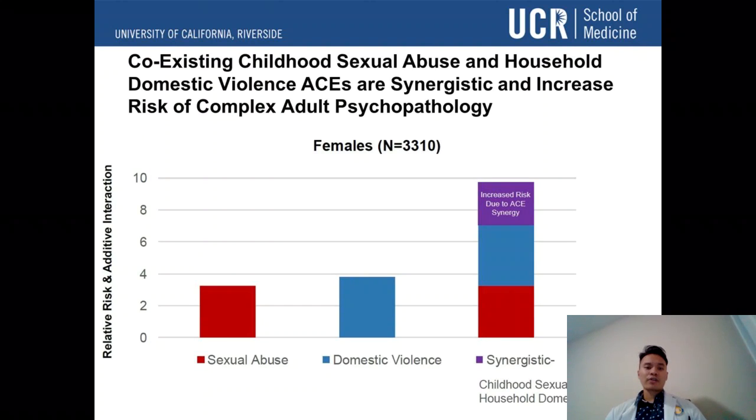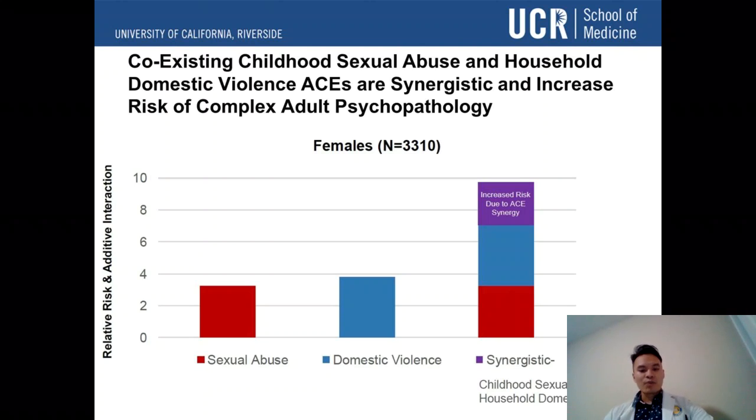Here, earlier again, we talked about synergy, and we can see that in graph form. Hopefully this makes things a little bit clearer. In the study, they found coexisting childhood sexual abuse and household domestic violence ACEs, when together, are synergistic and actually increase risk of complex adult psychopathology. This is what I was talking about earlier, where the synergistic effect is greater than the sum of its parts.